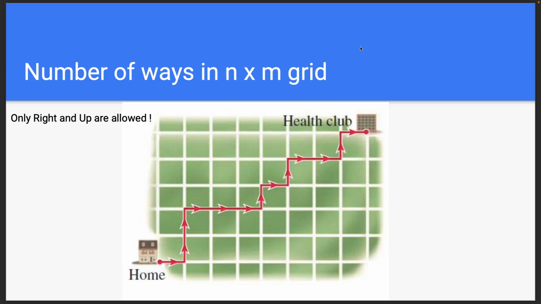You said 2 to the power n plus n. Okay, it's wrong. One of the things you are considering in this is going up n plus m times, and that would be out of our way. So that's not the answer. Any other idea?